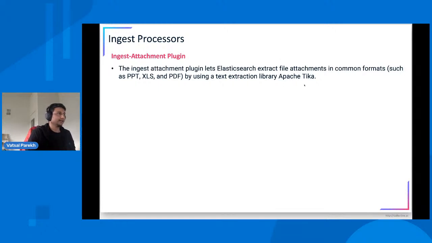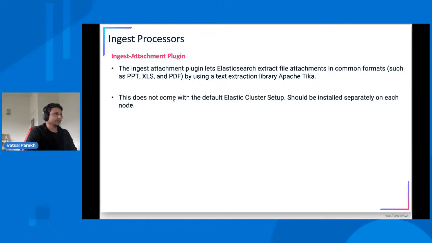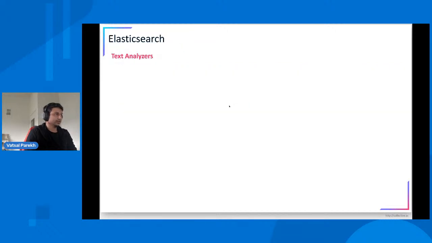It handles lots of formats, for example PDF, XLS, PPT, a huge number of formats it can handle and parse and give text extraction for. This does not come with the default Elastic cluster setup with the ingest node, so it should be installed separately on each node. This is a sample command that could be used with the Elasticsearch plugin binary. You can install it on all the nodes.